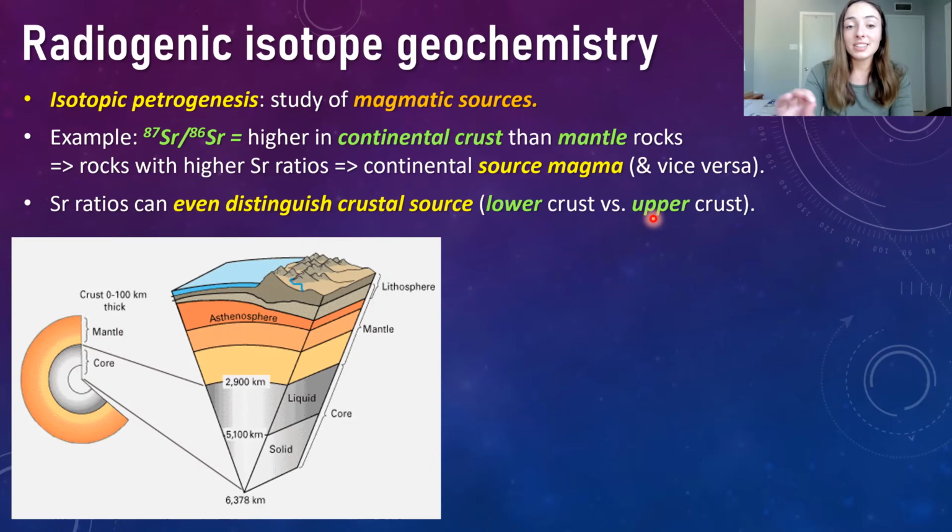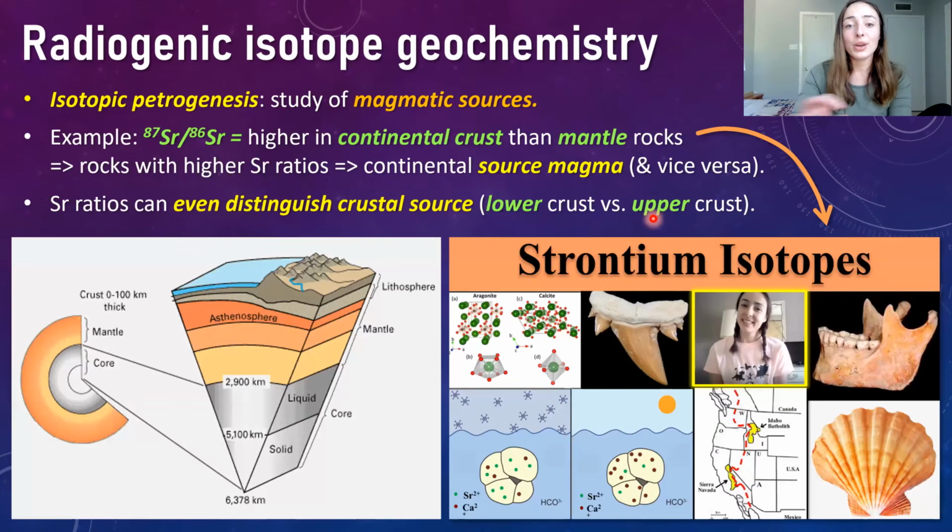I discussed the exact values of strontium 87 to 86 ratios in continental crust versus mantle rocks in my strontium isotopes video. I swear my videos are normally not just constant plugs of my other videos, but because this one is an isotope video, it's really repetitive because I have a lot of isotope videos. So I'm just constantly plugging myself, and I'm sorry for that. But I promise, if you want more information, go check out the strontium isotope video.